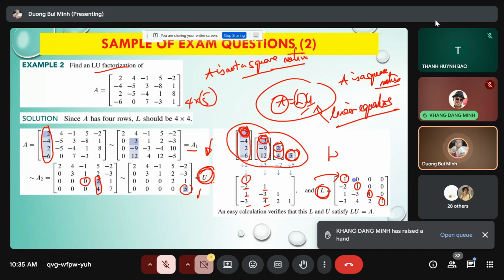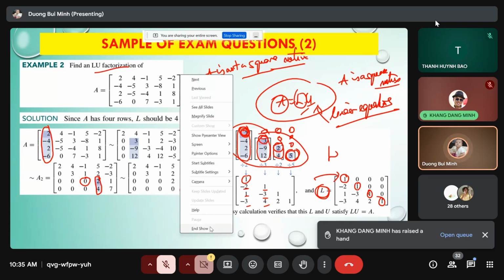But of course you can keep this one with 0 0 0 0, it is acceptable. But the calculation may be quite complicated because the leading entry is not one, so just modify here and you get one for easy calculation. That's it. Is it clear?